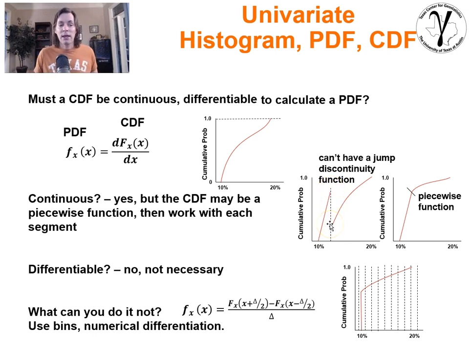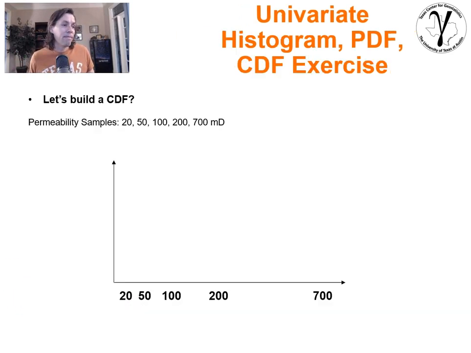And once again, that would represent negative probability over the value right here, which is not possible. So what can you do if the function is not continuously differentiable? Well, you can do it piecewise. You can also use numerical differentiation in order to go from a CDF to a PDF.